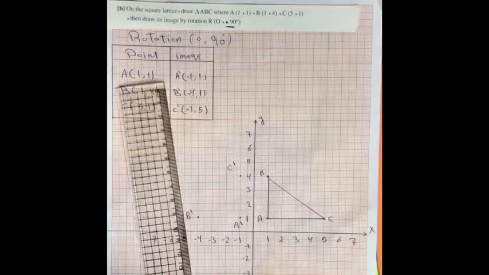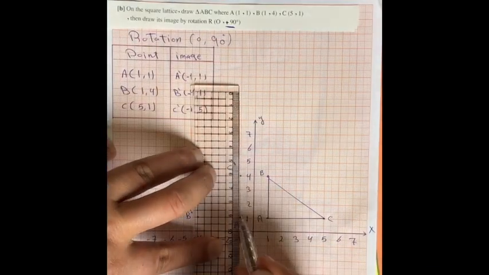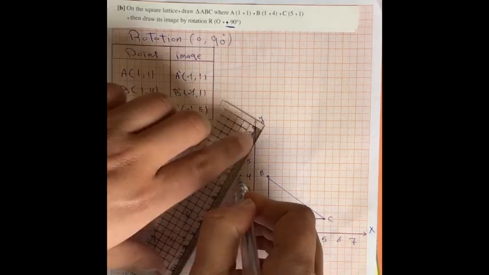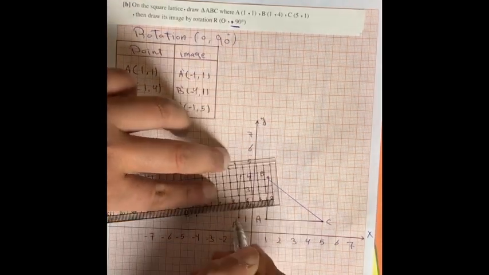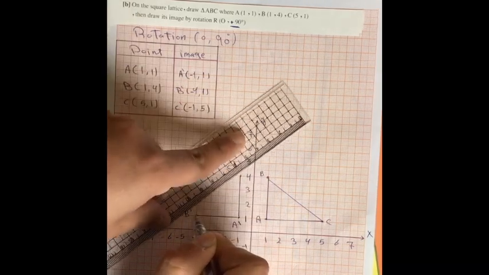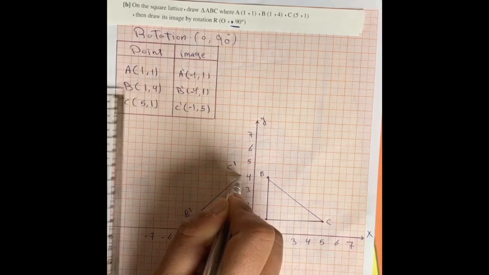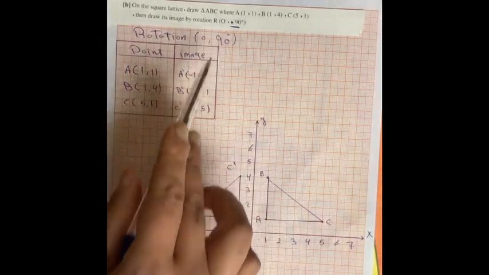By the way, 90 is positive, so it's anticlockwise, and 90 is the measure of the angle. So now we have the image of triangle ABC by rotation around the origin with an angle of 90 degrees.